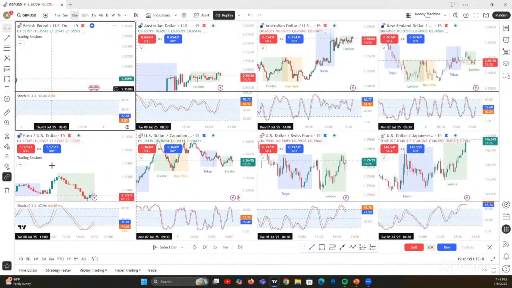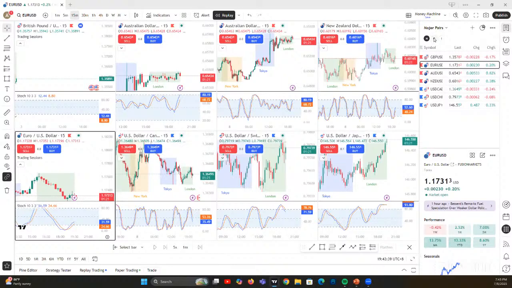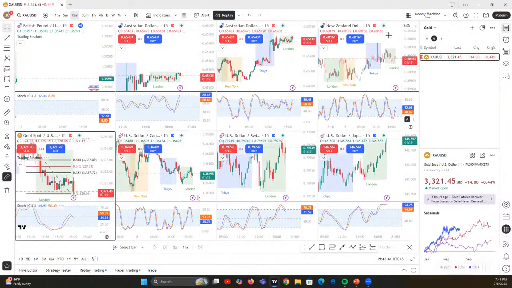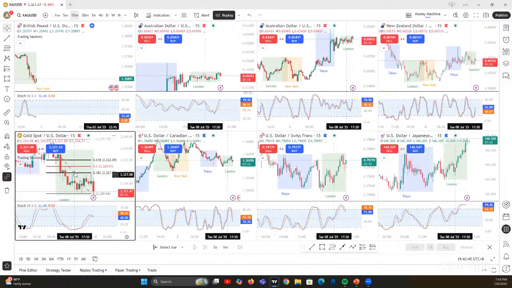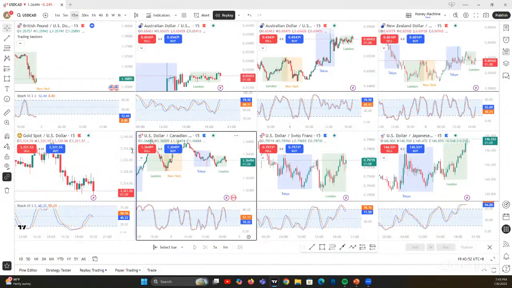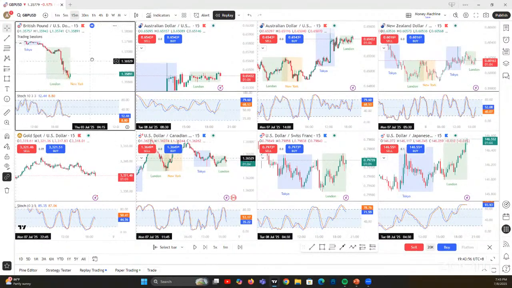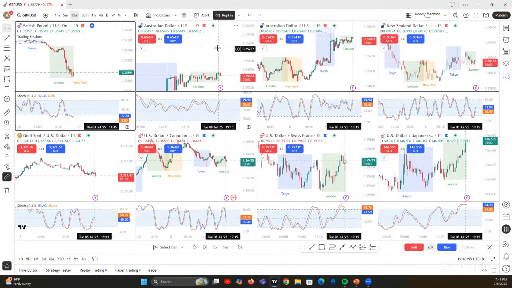Let's just change this to gold. This is in Team A. Okay, if you can see, my friends. Okay, this is GBP USD.